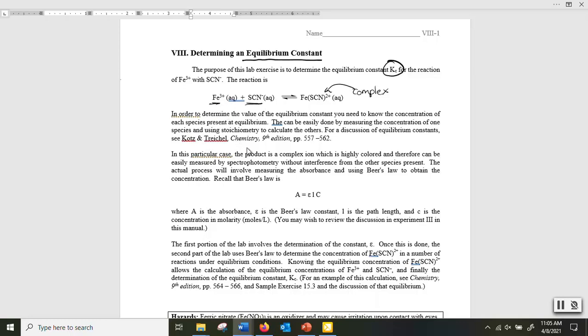Now, a few weeks ago, you did a study of the alcohol content in beer and in mouthwash using Beer's law.